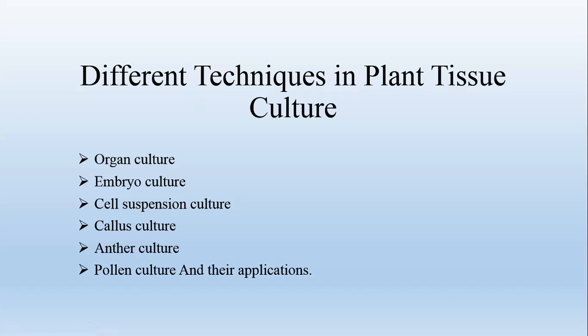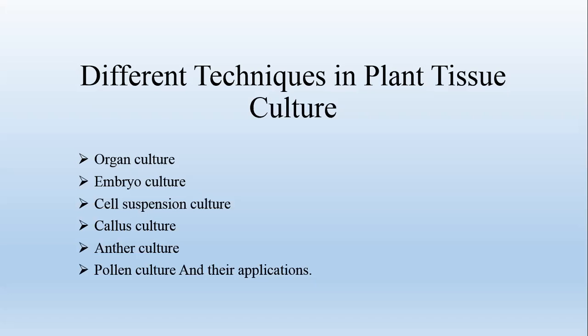Today we are going to discuss the next topic of our syllabus, that is different techniques in plant tissue culture. In the last lecture, we went through the scope, importance, and overall overlook of our syllabus.